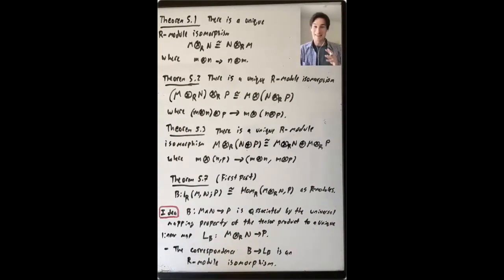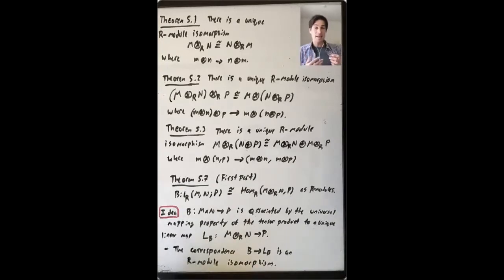The last thing I want to talk about goes all the way back to when we first started talking about bilinear maps as motivation for the tensor product. We had said that bilinear maps from M cross N to P correspond to linear maps from the tensor product to P. We know that the set of all R module homomorphisms from one R module to another is, in fact, an R module.